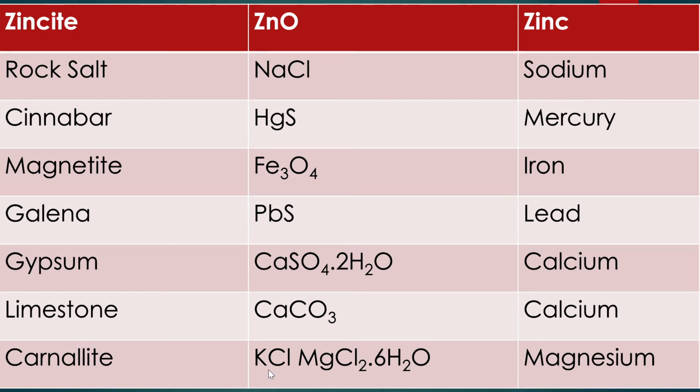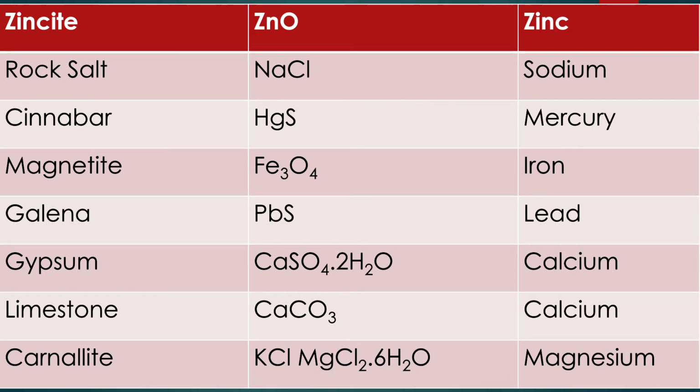KCl.MgCl2.6H2O, and the metal which we are extracting from this is magnesium. Look here children, we are not extracting potassium, we are extracting magnesium because the percentage of magnesium is high in carnallite.